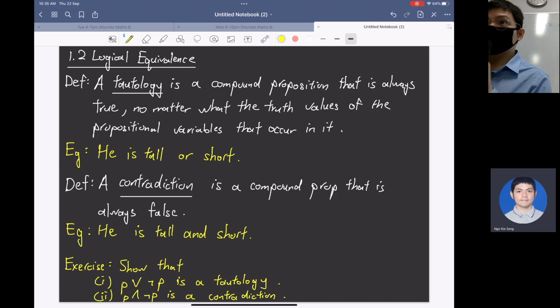So this is actually a general thing. P or not P is a tautology. P and not P is a contradiction.